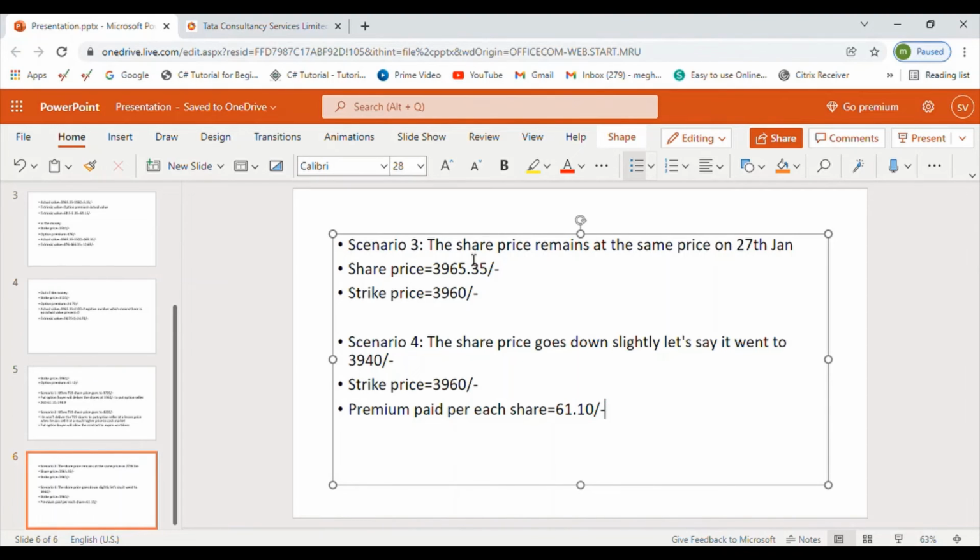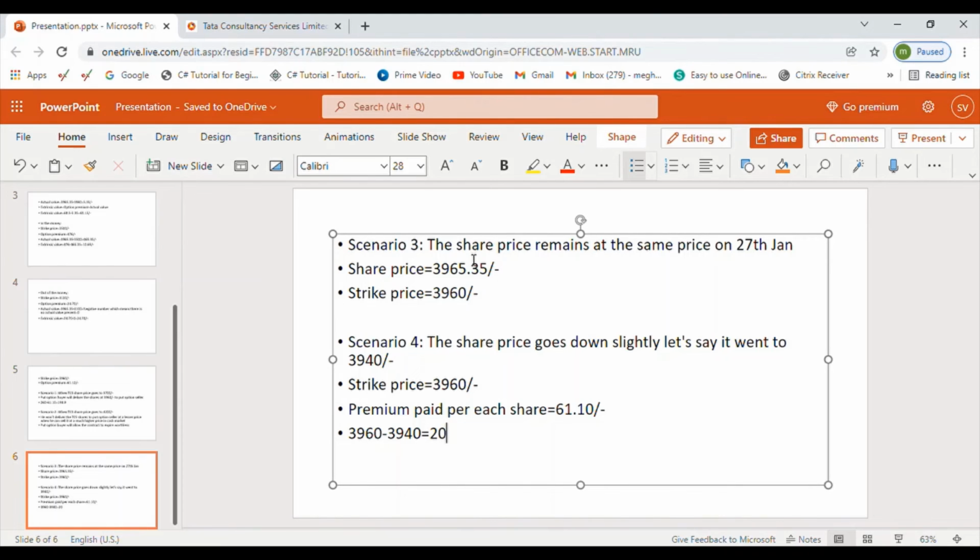Now, see, the share price came down in favor of the put option buyer. So the benefit the put option buyer gets is that he will be able to compensate the loss he is going to make. In this case, the difference between the underlying and the strike price is 3,960 minus 3,940, which is 20 rupees.